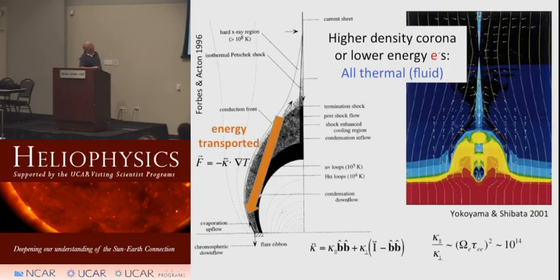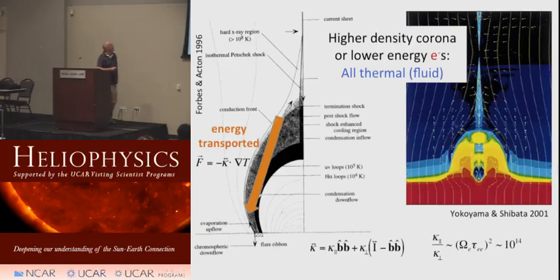That is, the flux of heat, the energy flux, is given by the thermal conductivity times the temperature gradient. And I put a matrix here because the heat is conducted almost entirely along the magnetic field. The amount of energy transported across the magnetic field is 14 orders of magnitude smaller, which is basically 0.